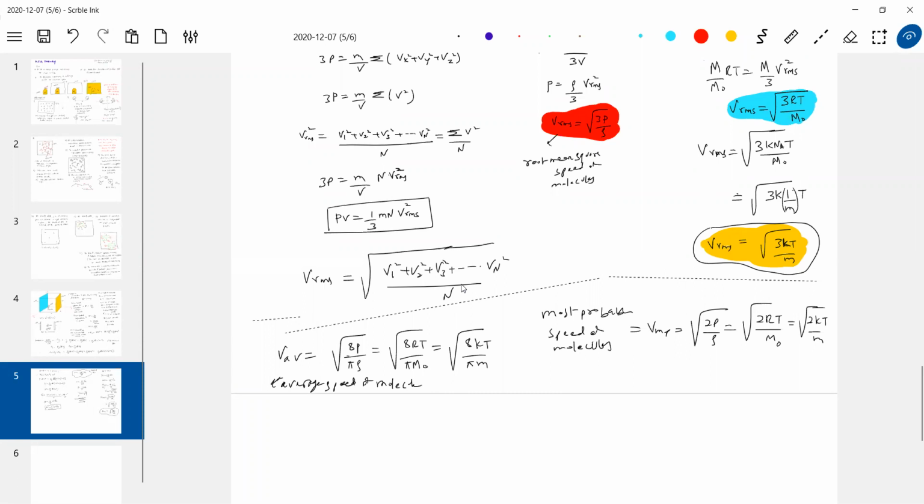Sir, velocity may be positive or negative, so we take the square of velocity. What is this? How are you giving the reason? Somebody is telling, sir, velocity can be positive or negative. If you take the average of that, it will cancel out. That's why, to eliminate that negative sign, we are squaring it.